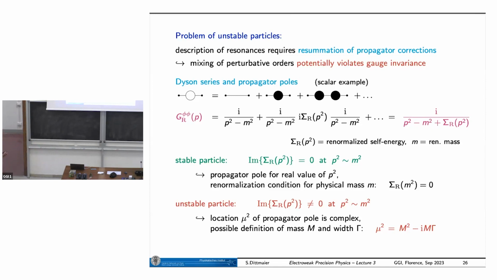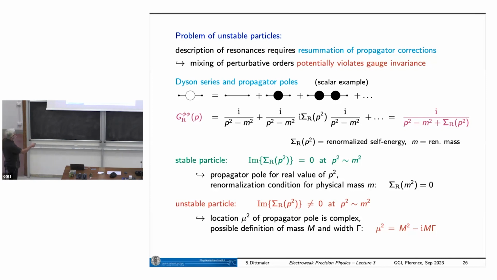So if you are in the vicinity of p squared equals m squared, you have something that prevents you from falling into a pole if you just have real kinematics. p squared real, m squared real. If there's something imaginary, you will never hit the pole. You will never go to infinity with the propagator. And this is the reason why really a resonance with the finite height of the peak builds up.